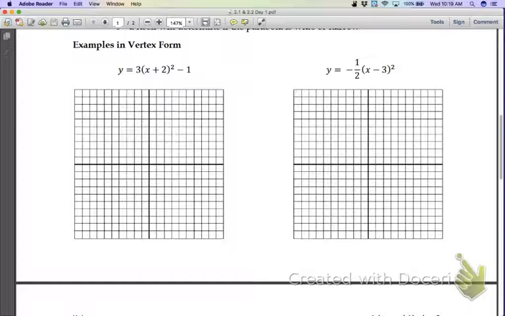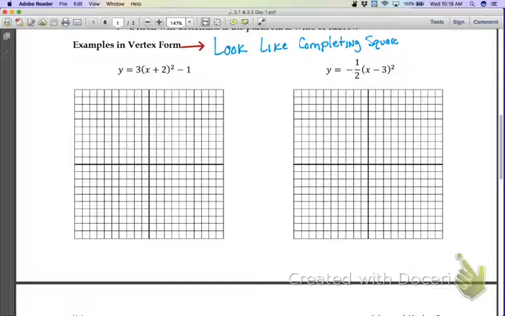Okay? So if you would rather solve it or graph it in vertex form, then you're going to need to make sure that you've got completing the square kind of down pat. Okay? But instead of actually solving it, you're going to put everything over to one side. So whenever we use vertex form, the one thing you've got to remember is it's going to look a lot like completing the square in terms of how it looks.